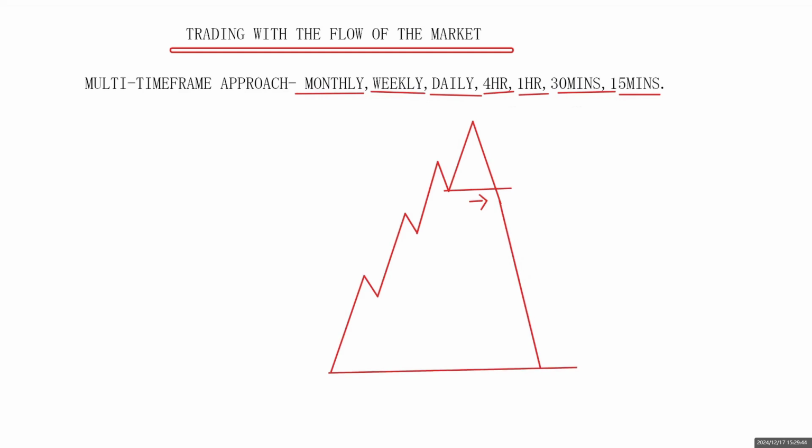Okay, so now what are the rules that guide us trading with the flow of the market? For example, we take an opportunity. Maybe price starts on a bullish structure right here, and we see price break structure. So when price breaks structure and we are trading with the flow of the market, we are going to exit at the lowest point right here of the break of fractal. We just talked about fractal.